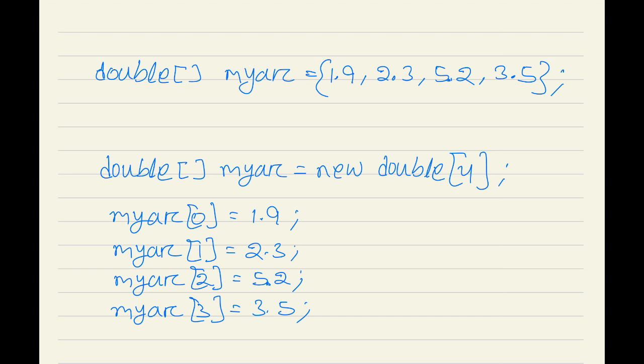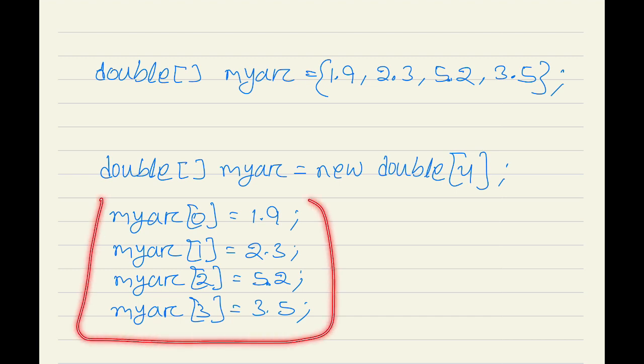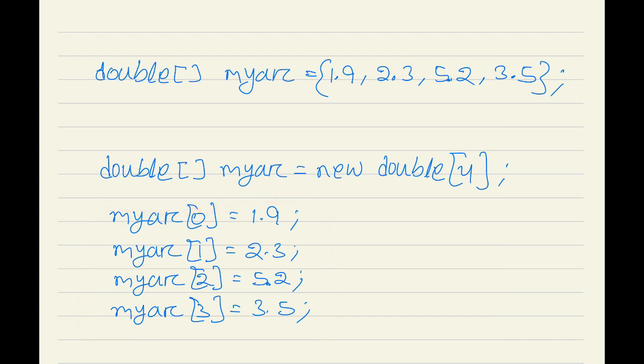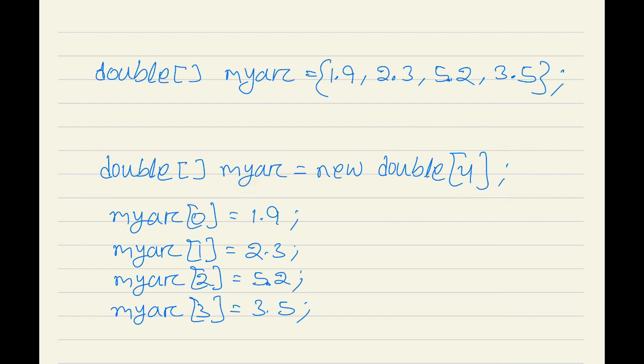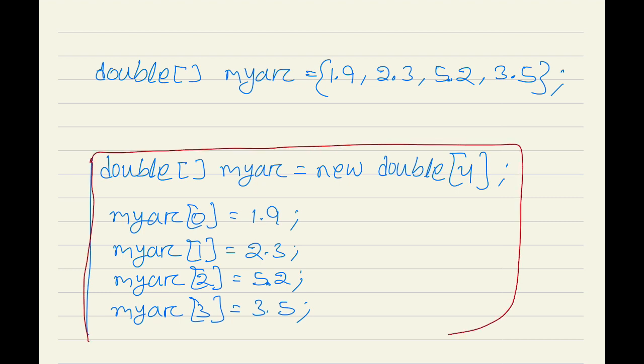So here we are creating the array and assigning the reference to my AR, and then initializing the array my AR. So these statements are equivalent to this one.